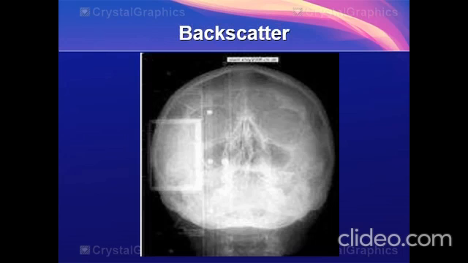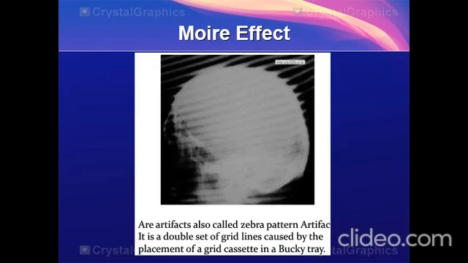Backscatter radiation. So, pag sinabing backscatter radiation, yung back portion ng cassette nag-expose sa anatomy. Ito yung lock ng cassette. Dapat hindi siya makikita, pero dahil sa backscatter radiation, andyan siya.